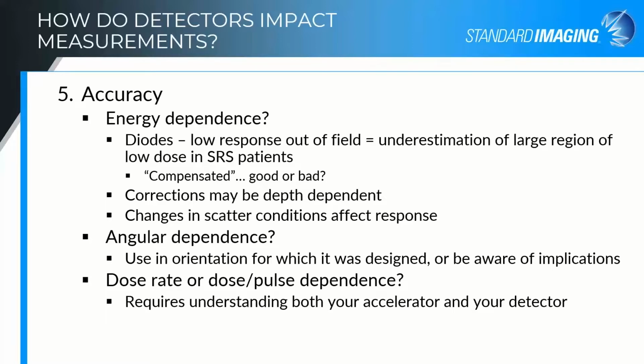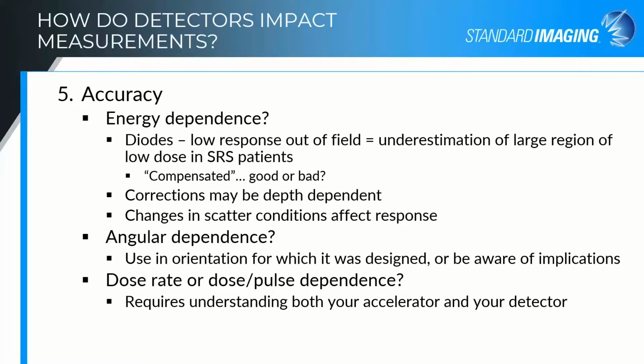There's angular dependencies. Generally, just using the detector in the orientation that it was designed for is the best bet there. But be aware there may be some implications of using things off-label, as it were, at a different angle than designed for. Dose rate and dose per pulse dependencies, especially with FLASH becoming an interesting topic, have been brought to the forefront a little bit more lately.